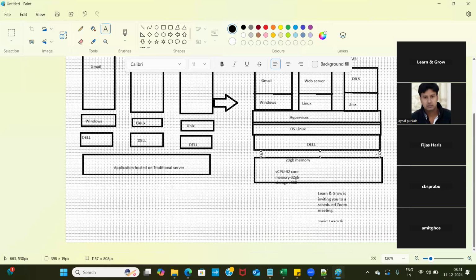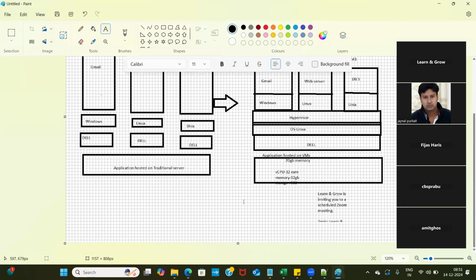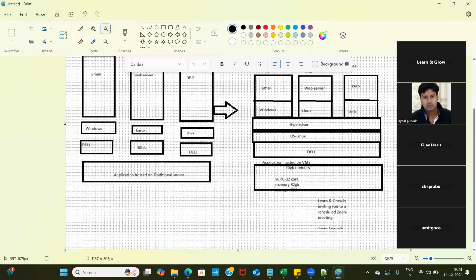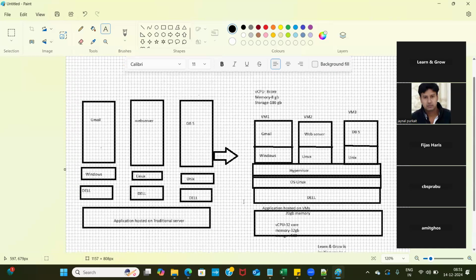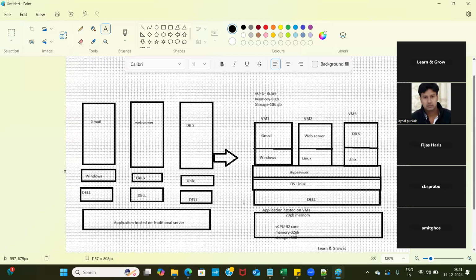So this is our application hosted on the VM, virtual machine. Yes, I'm repeating again how the VM is created and how it is transferred from traditional infrastructure to the VM.